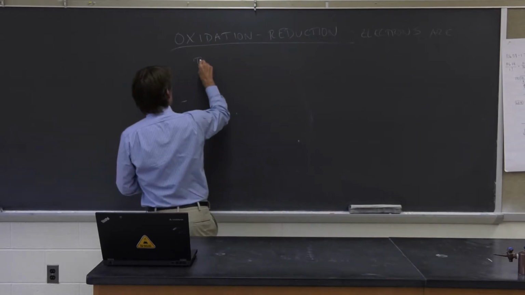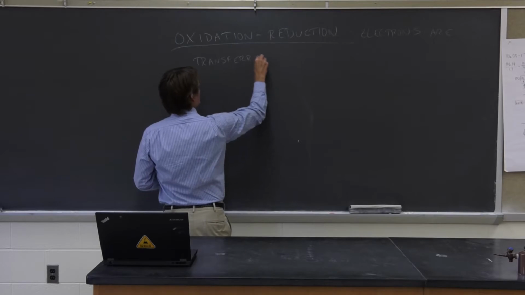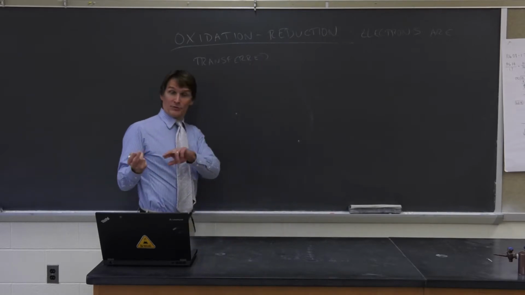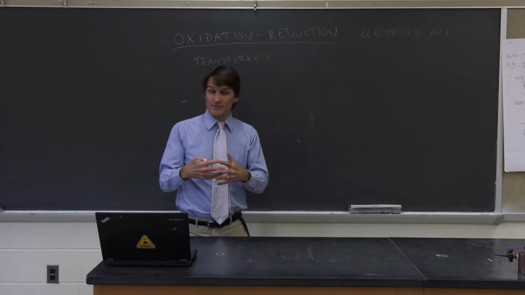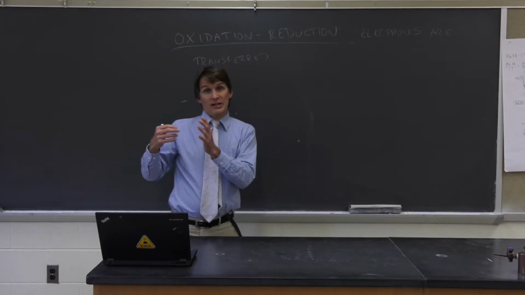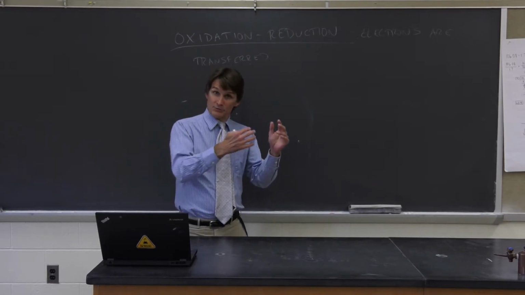In an acid-base reaction, it is protons that end up getting transferred from the acid to the base. In a redox reaction, it is a substance that is oxidized that transfers an electron to something that's reduced.